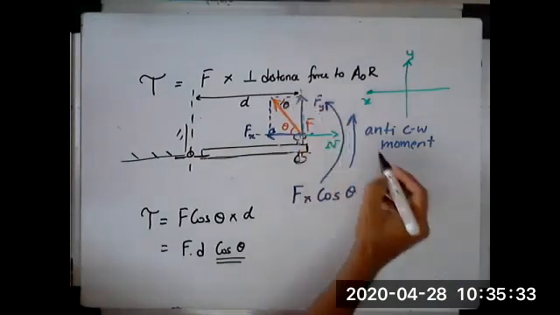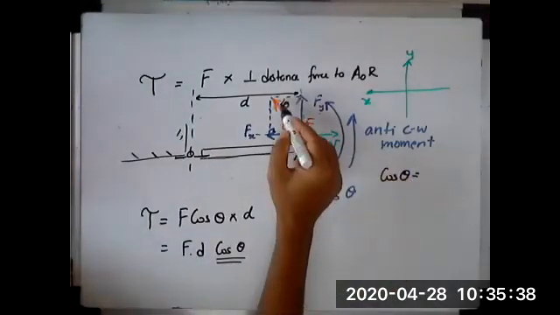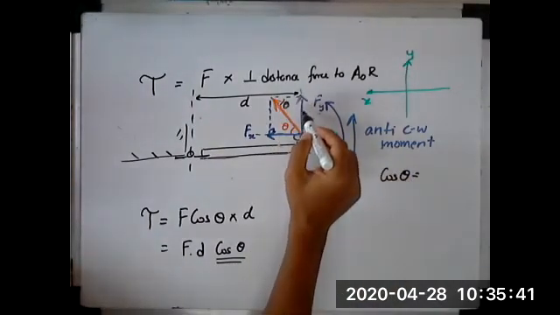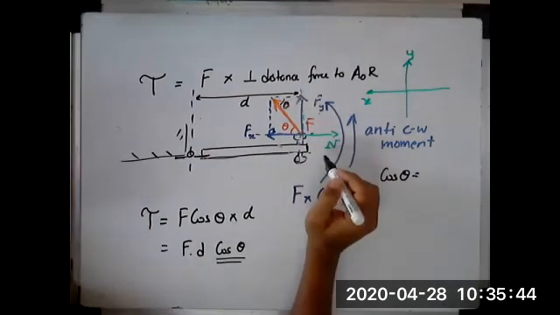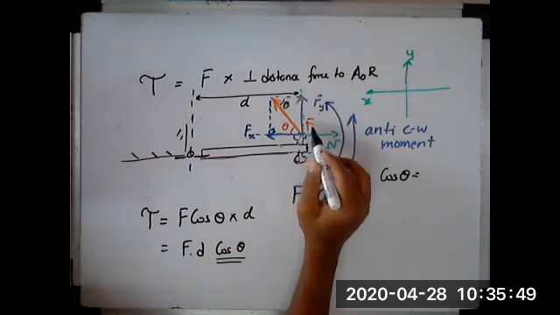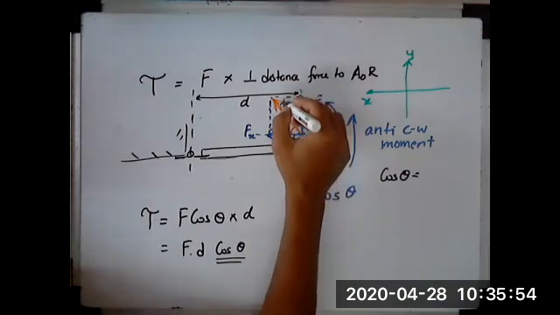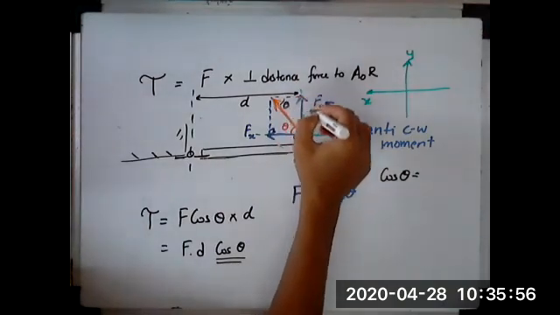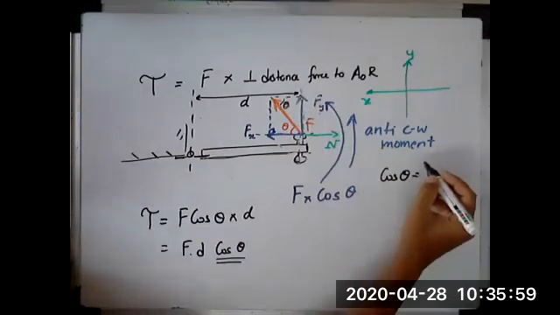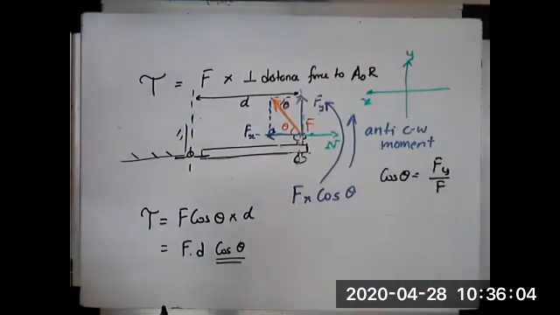So therefore, I can write cos theta in this triangle as being the... no, wait, is that the theta or is this the theta? Am I getting muddled up over here? Shouldn't this be sine theta then? I need Fy by F. Adjacent, right?